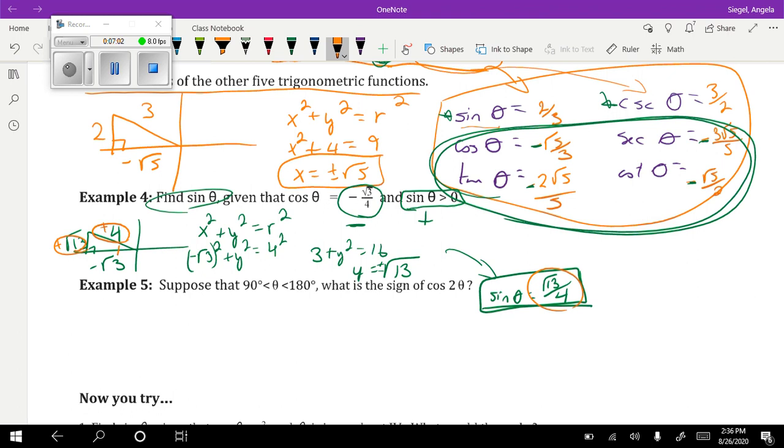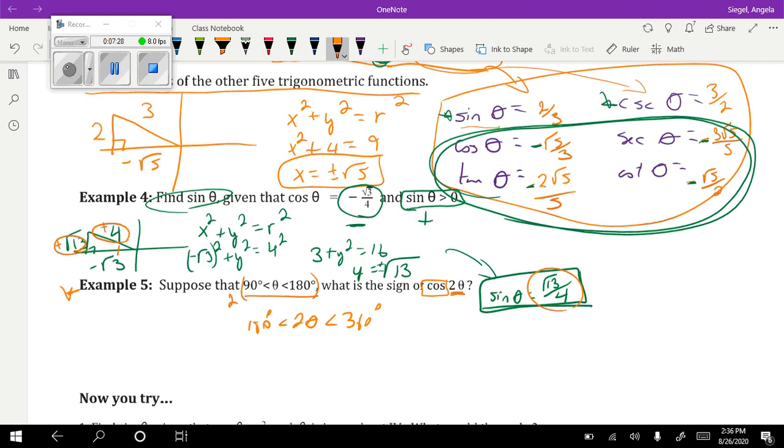Okay, in example 5, it tells us that theta is between 0 degrees and 180 degrees. But what if we multiply that theta by 2? I'm going to multiply everything through by 2 so that it looks like this, and I'm going to think about the sine and cosine.